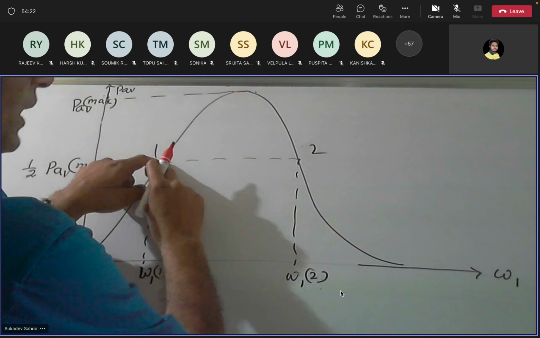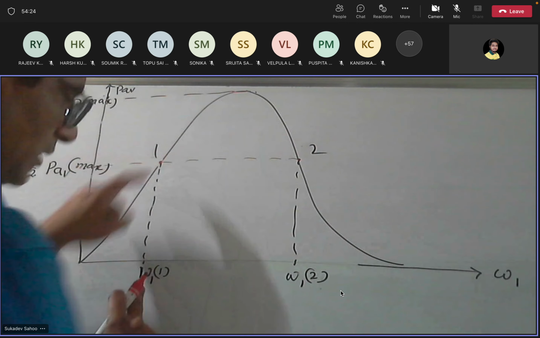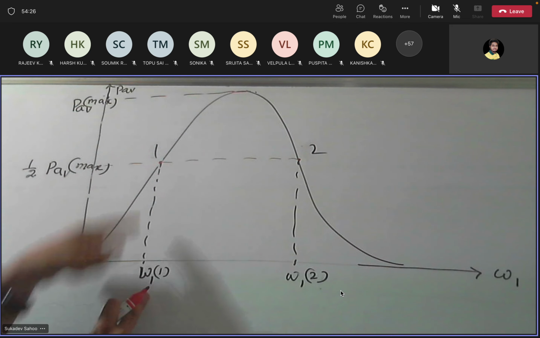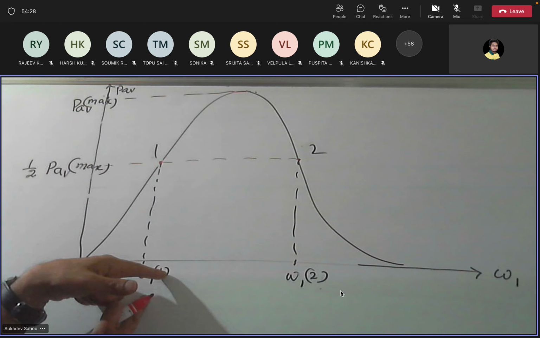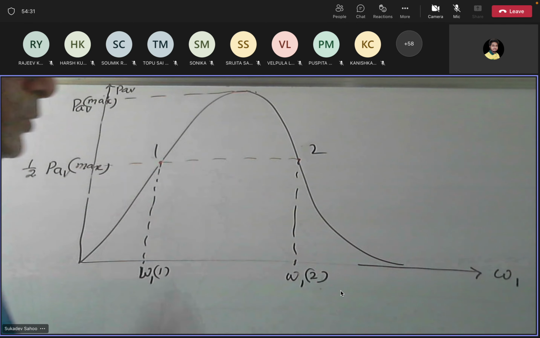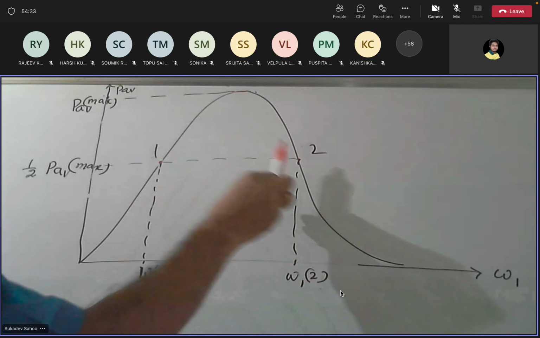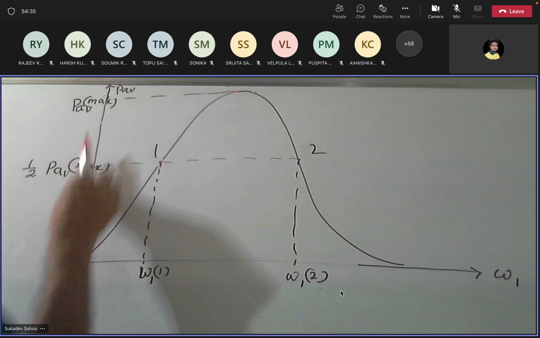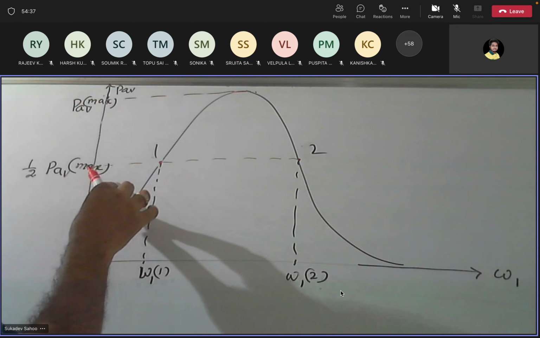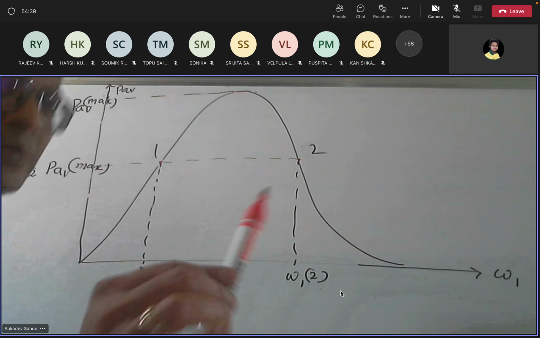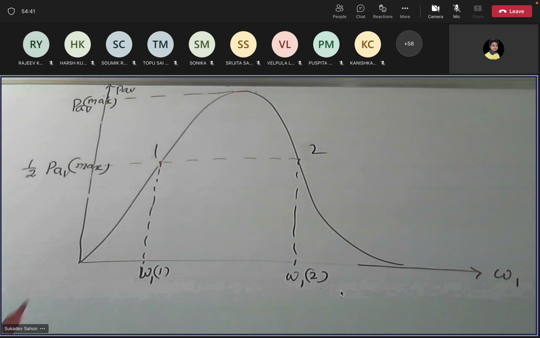Suppose at 1 and 2, the corresponding frequencies we have noted as omega 1 at point 1 and omega 1 at point 2. That means at points 1 and 2, the power of the oscillator equals half of its maximum average power. Clear to this point?